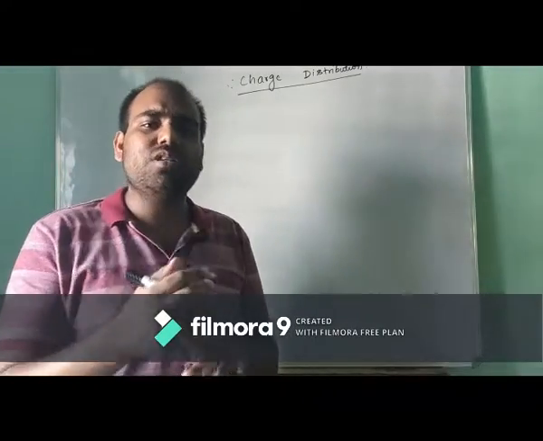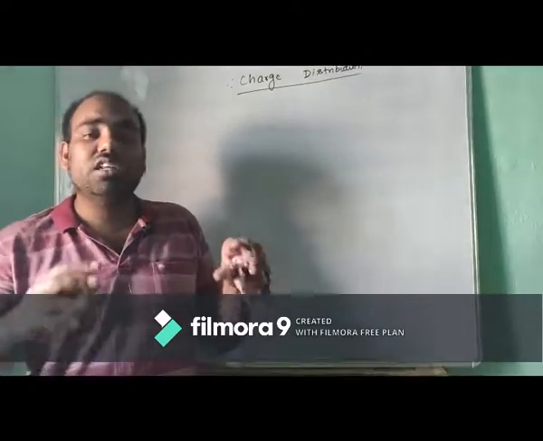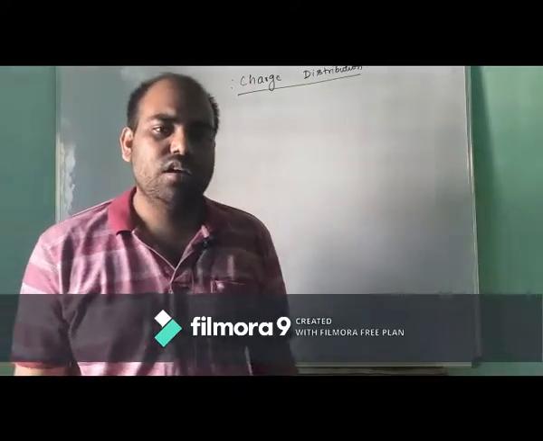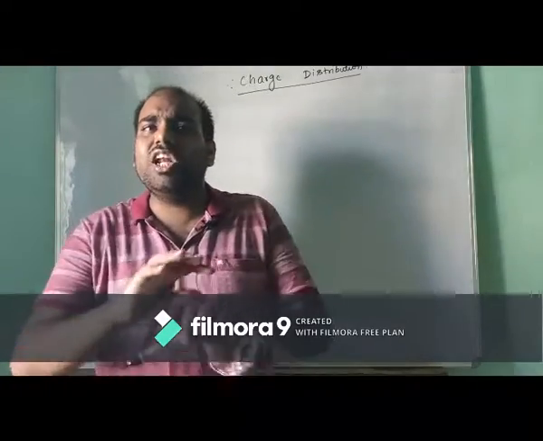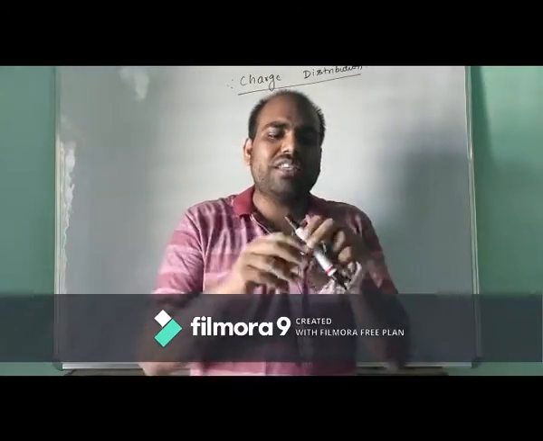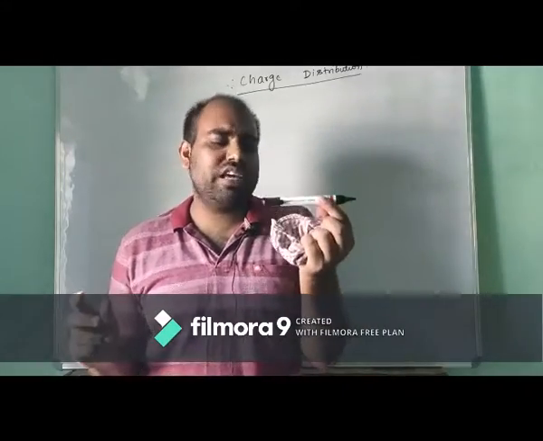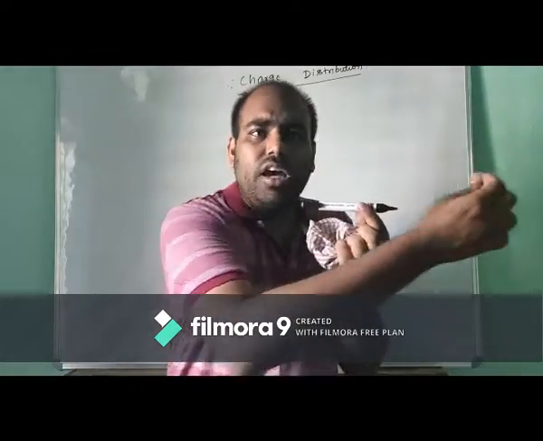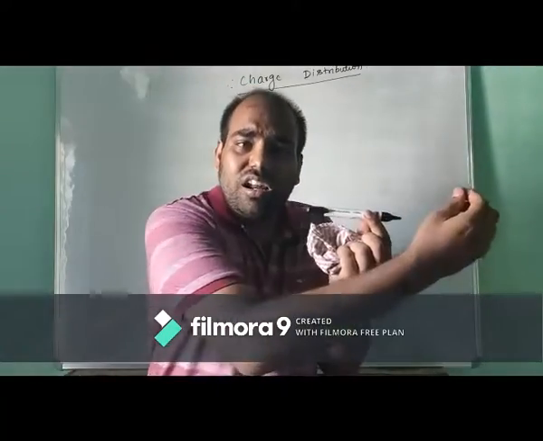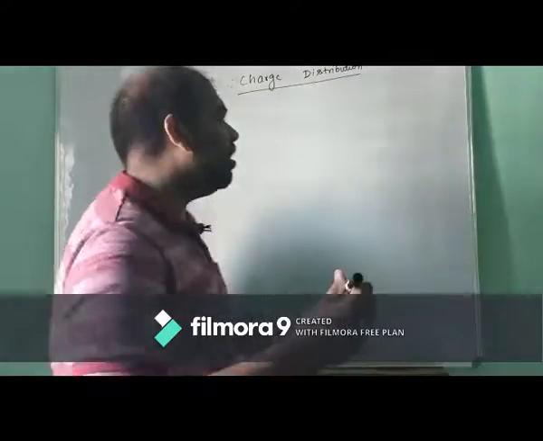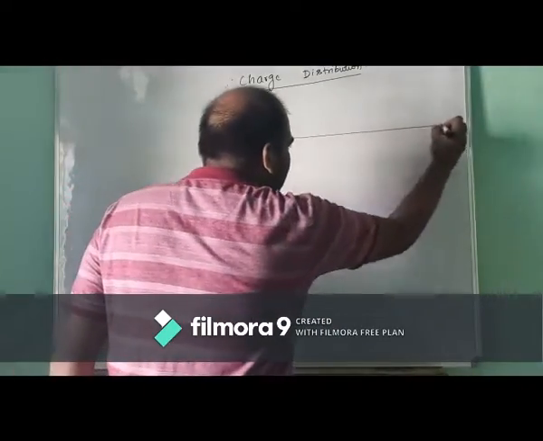So there can be three types of charge distribution. One is a linear charge distribution, second is a surface charge distribution, and third one is basically the volumetric charge distribution. Suppose I am taking a very long rod whose diameter is very small. The charge is distributed along the length of the rod.